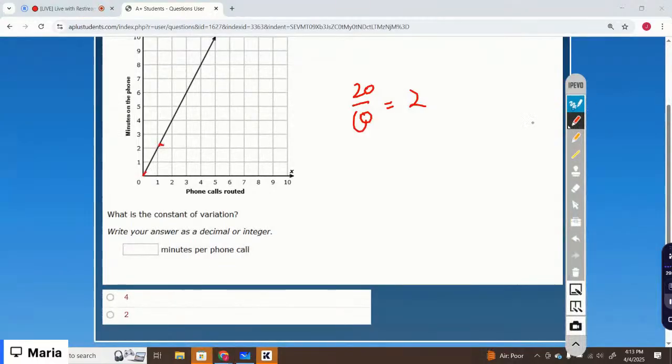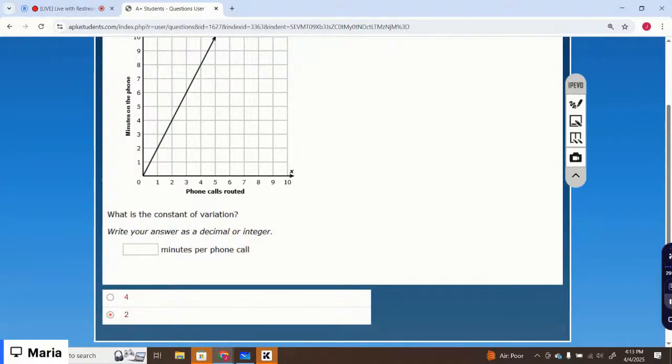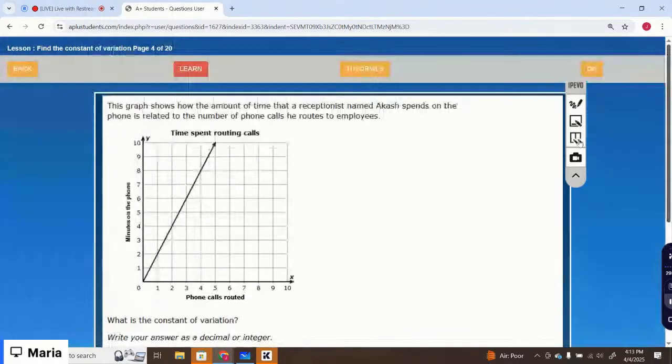Just select any 2 points on the graph. So the constant of variation is again 2.